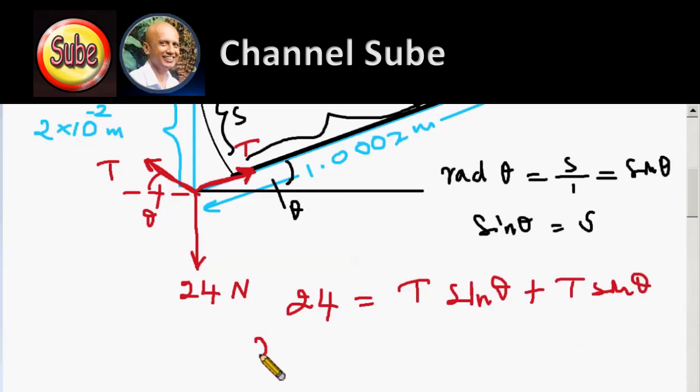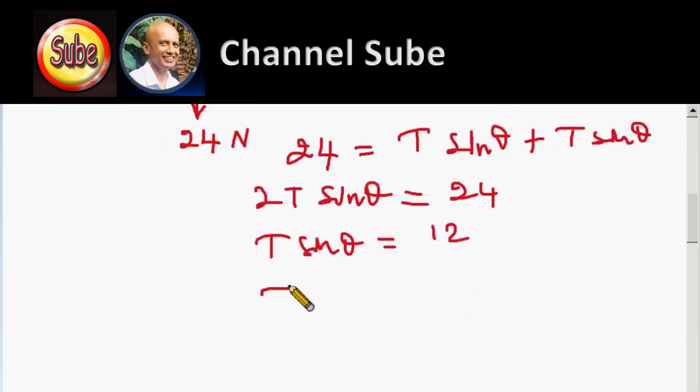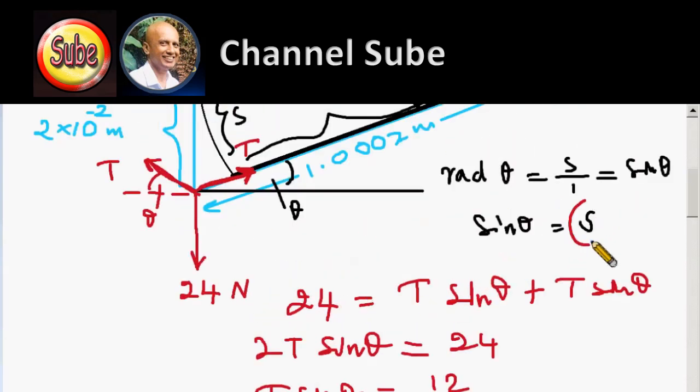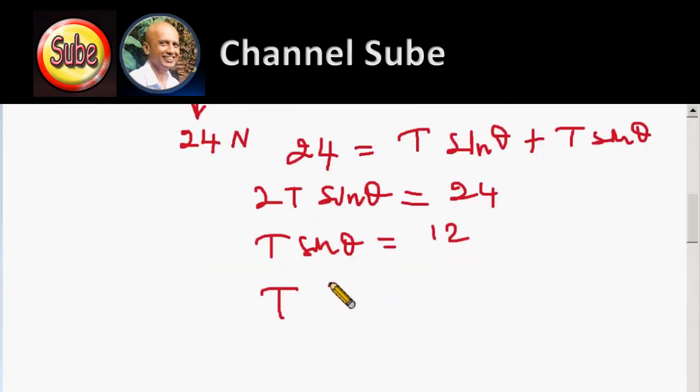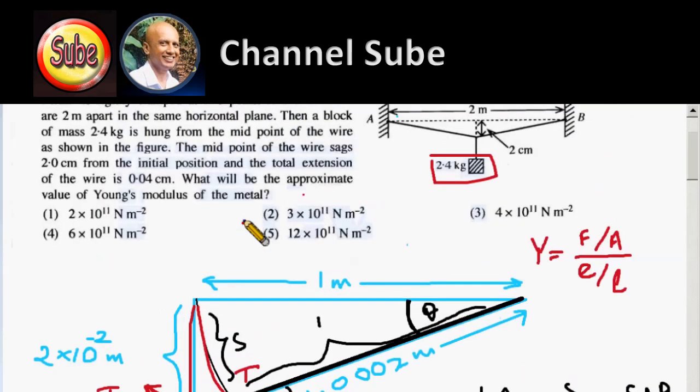So 2T sin theta equals 24, then T sin theta equals 24 divided by 2, 12. T, instead of sin theta we can apply S, equals 12. So instead of S we can use this value, because both these lines are approximately the same in length.